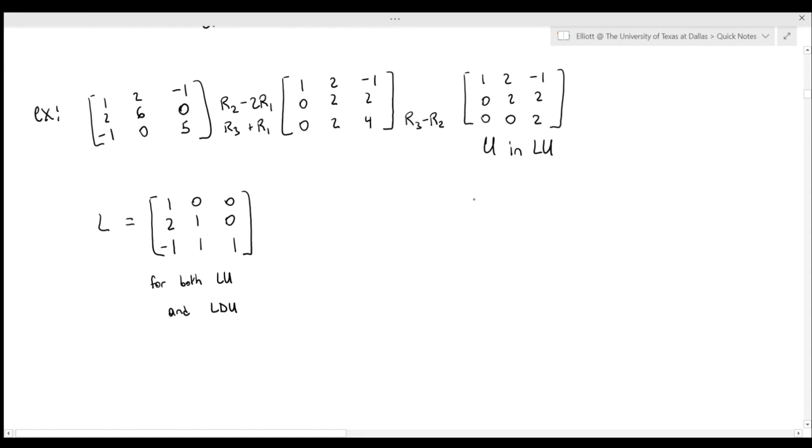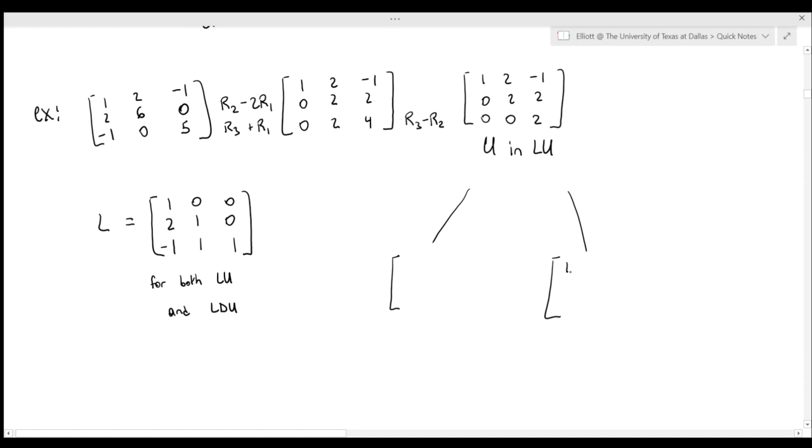Okay, but to get the D and the U for the LDU decomposition, if you remember the procedure, it's to take the U from LU and divide each row by its pivot. So divide each row by its pivot.